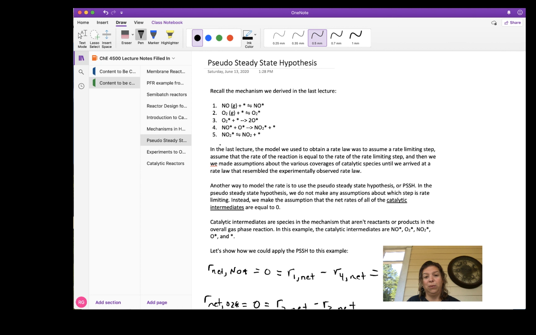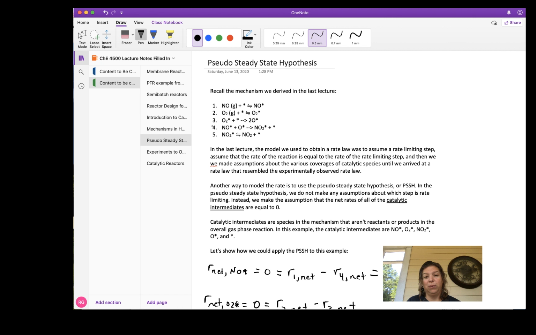In that case, there can be multiple rate determining steps. So for example, in this example, we might find that both of these are contributing to the observed rate. In that case, the only difference between their forward rates would be based on the way they play into the overall gas phase reaction from a stoichiometric standpoint.